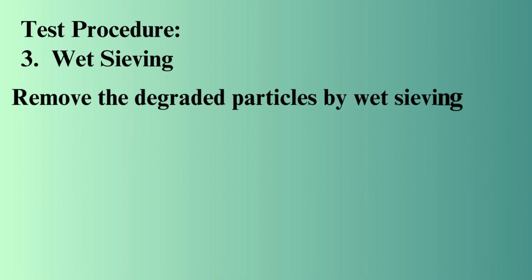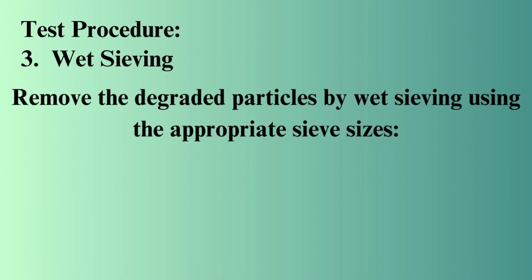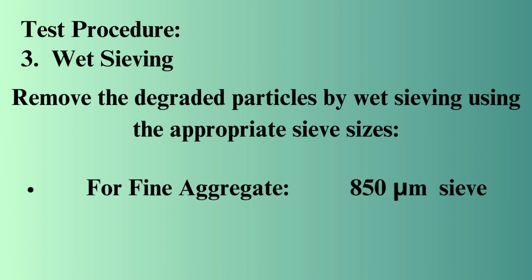3. Wet sieving. Remove the degraded particles by wet sieving using the appropriate sieve sizes. For fine aggregate, 850 micrometers sieve.